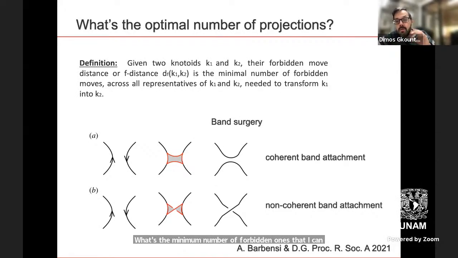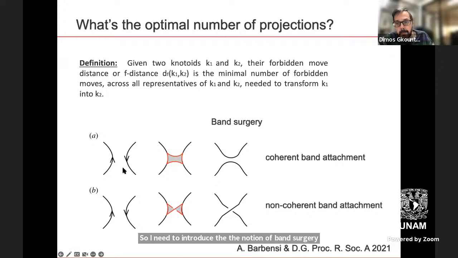And to do that, we need somehow to characterize those moves in terms of their topology, because it seems a bit arbitrary here. So I need to introduce the notion of band surgery here. So if we have two oriented segments here, I attach a band and I cut it this way, so I get a coherent band attachment here.